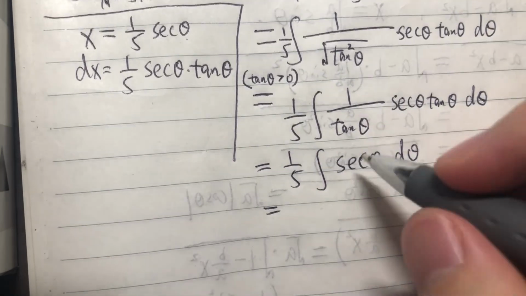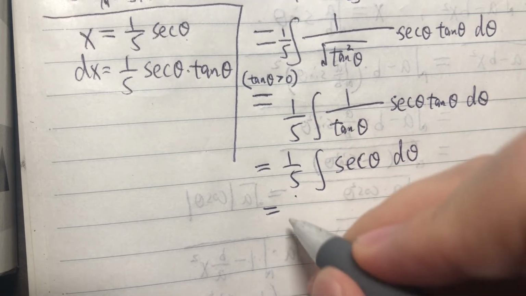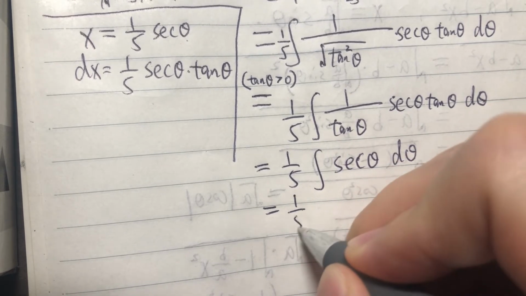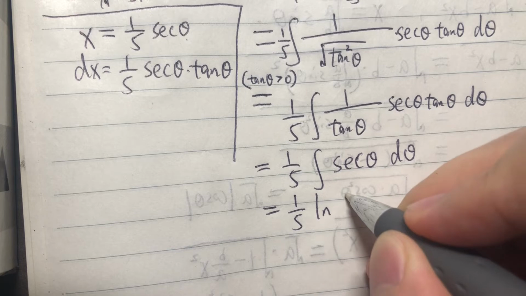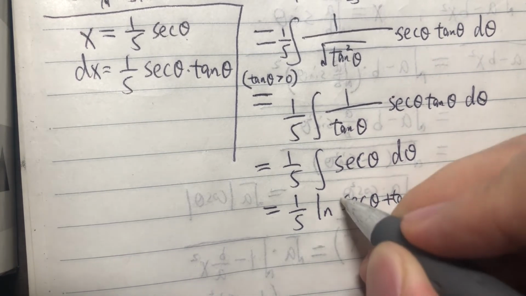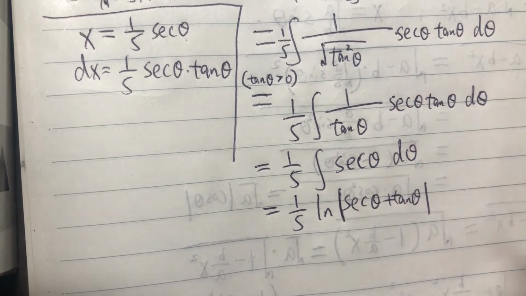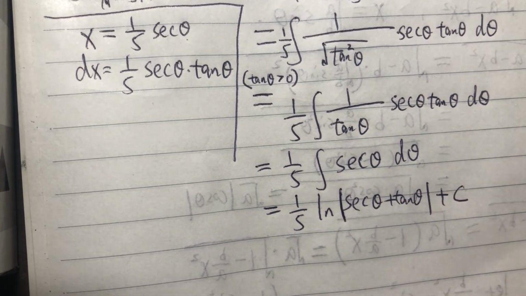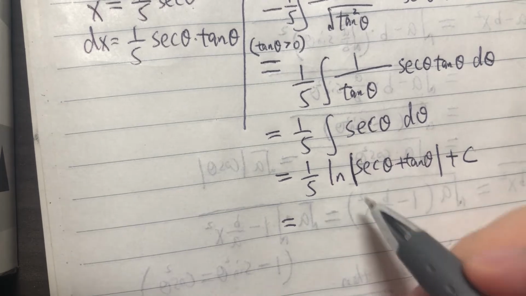The antiderivative of secant is ln of secant plus tangent, plus c, and we need x back.